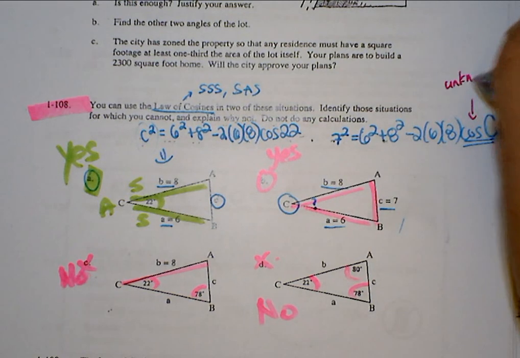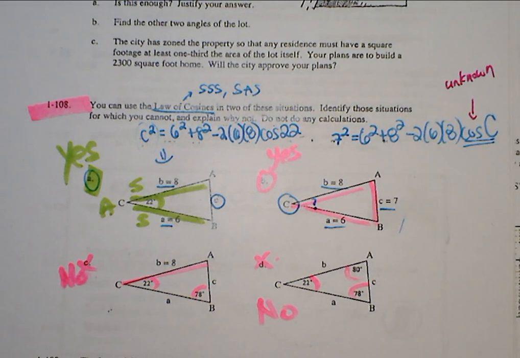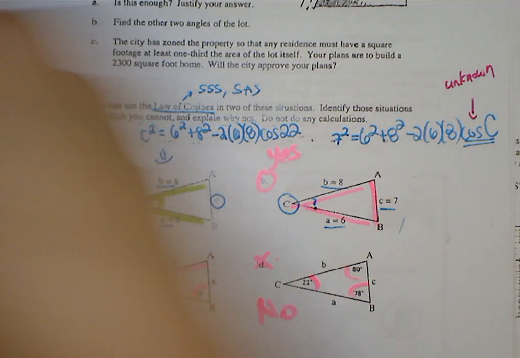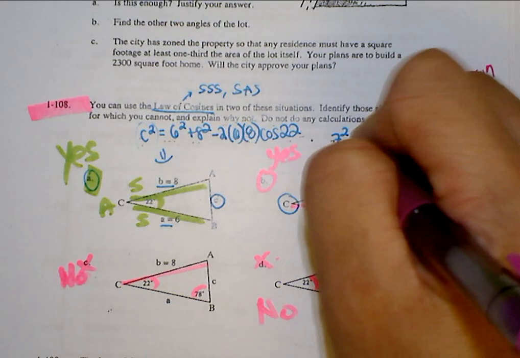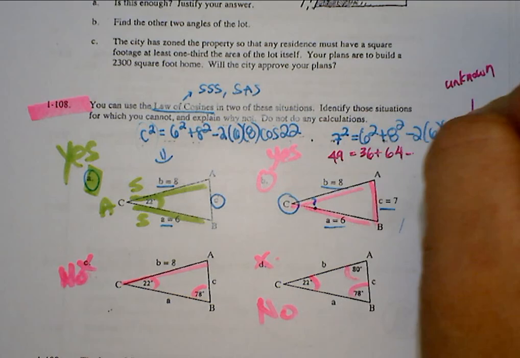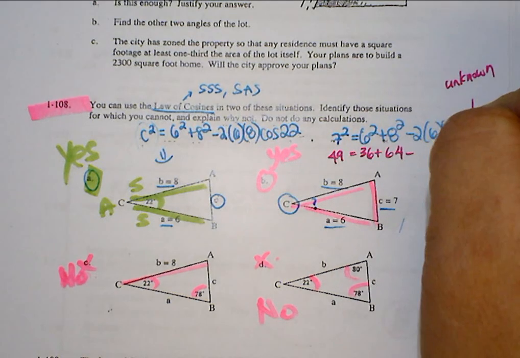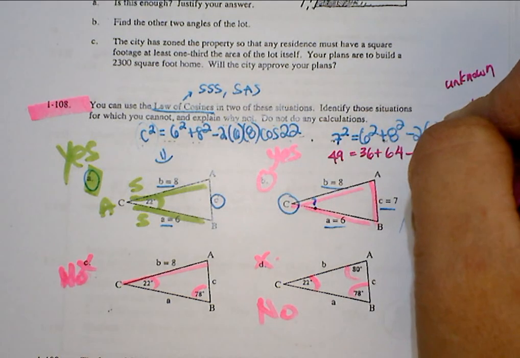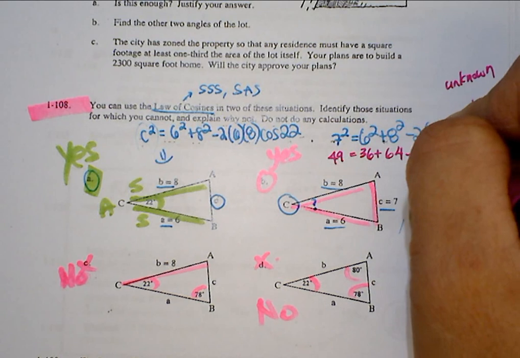But how do I get this by itself? How do I isolate it? Well, think about it. I could do 49 equals 36 plus 64 minus, okay, 6 times 8 is 48, 48 times 2 is 96, times cosine of C.